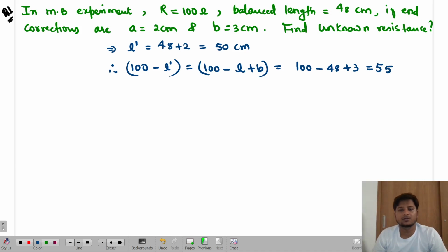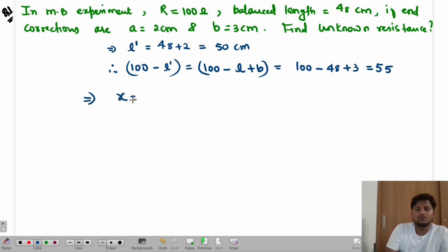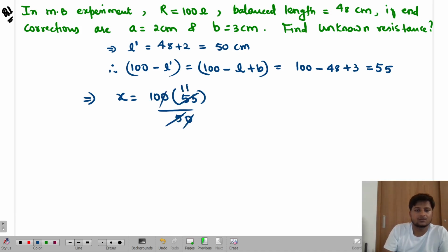So then I can apply now: X is equal to R, means 100, times 100 minus L dash, that is 55, divided by 50. Zeros cancel. 110 ohm. Got it? Next.